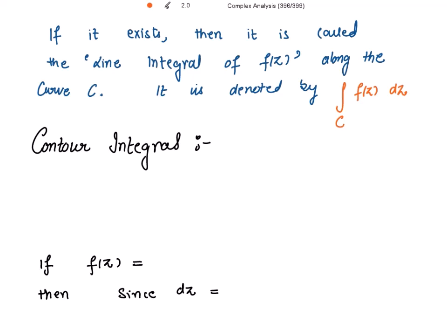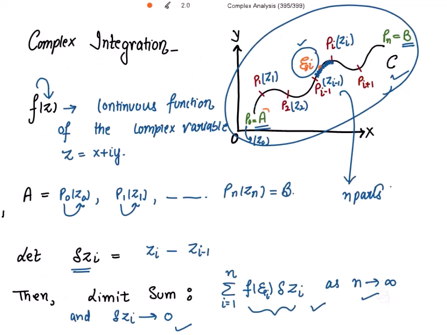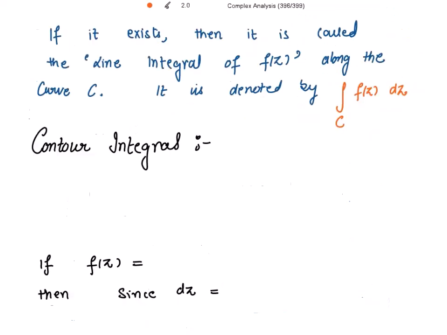Now we move to the new term, the contour integral. What happens if the point A coincides with the endpoint B? Then the curve becomes a closed curve. In case the point P0 and the point Pn coincide, then C is a closed curve.